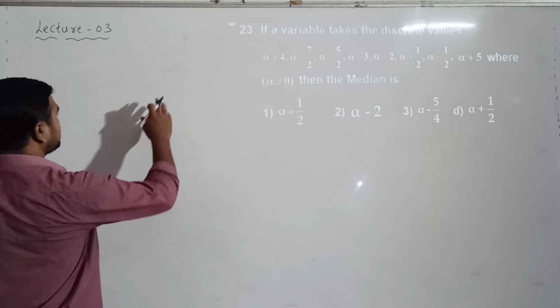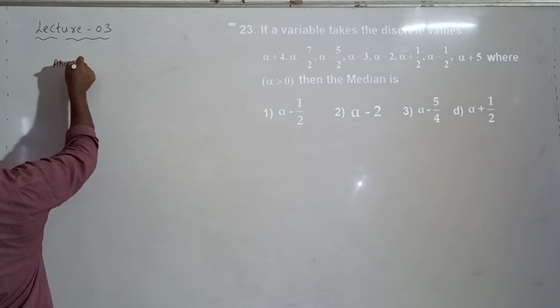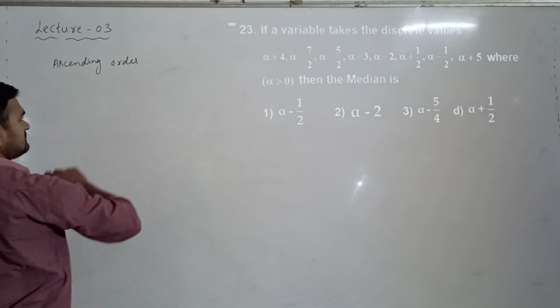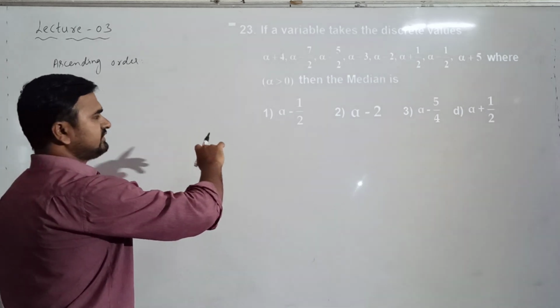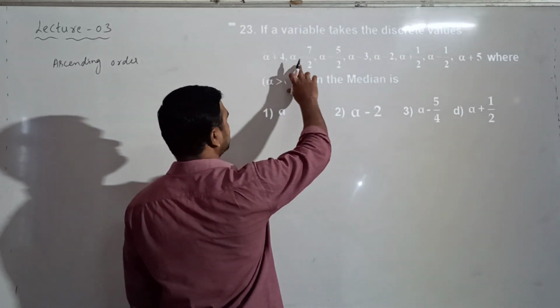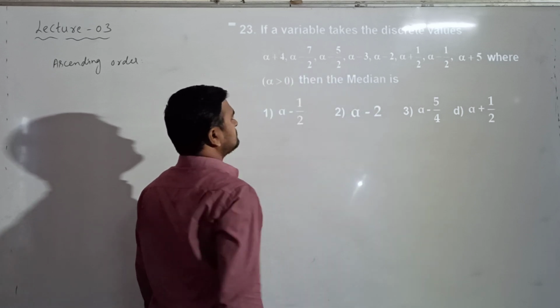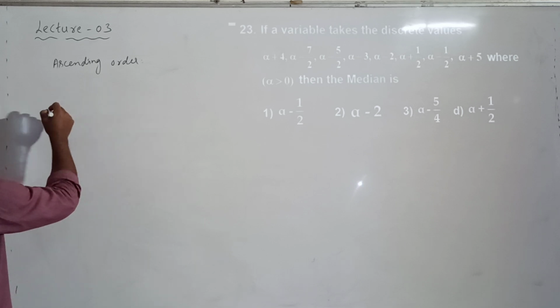I will arrange in ascending order. This is the ascending order of observations for some value of alpha. So the smallest value will be alpha minus 7 by 2.